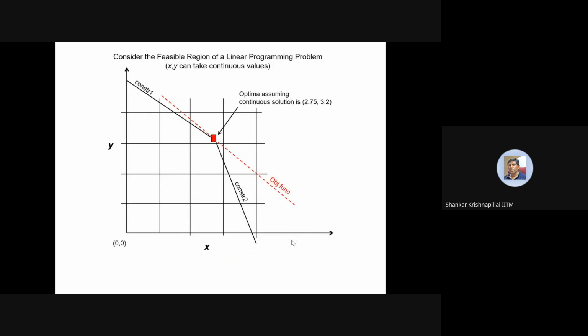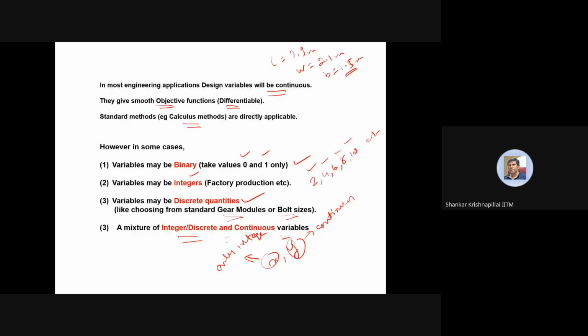Some people will always say you just solve the problem with continuous variables and you just round up the results. For example, suppose x and y must be only integers. You assume x and y to be continuous variables and you find the optima.